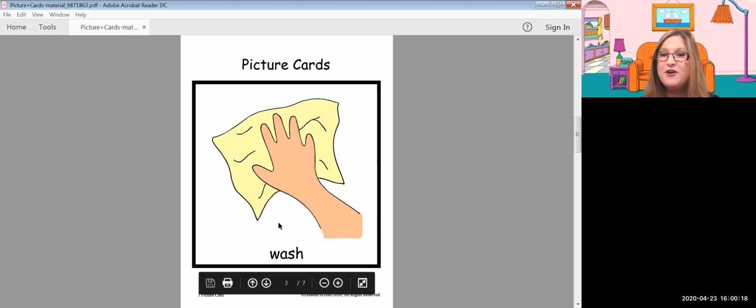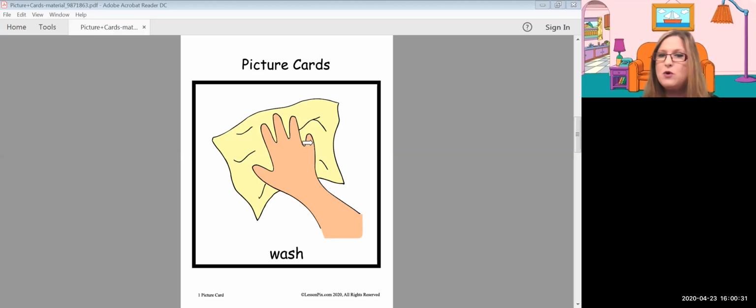This word is a very important part of our routine right now. So we're going to look at how to sign the word wash. Now, this may be washing the things around us. We're washing our hands, but a simple way to sign the word wash is like this.